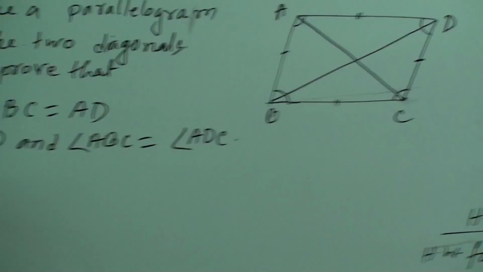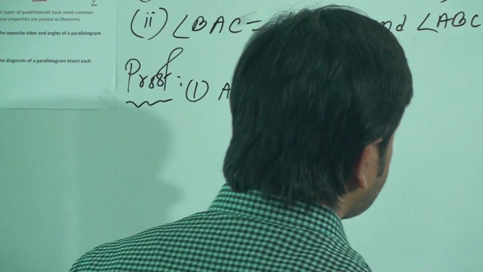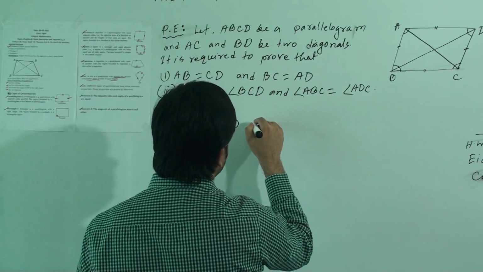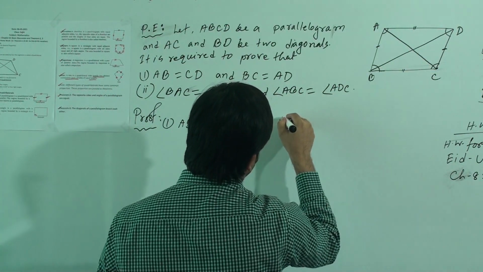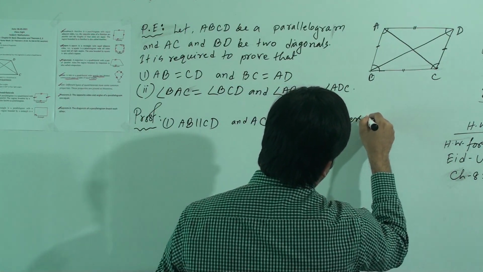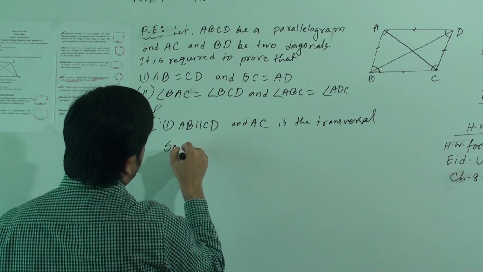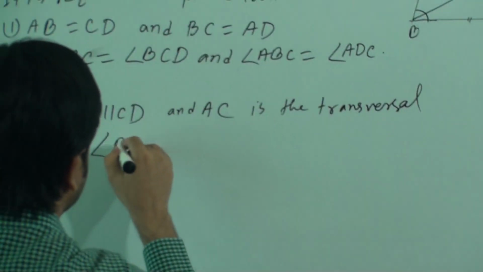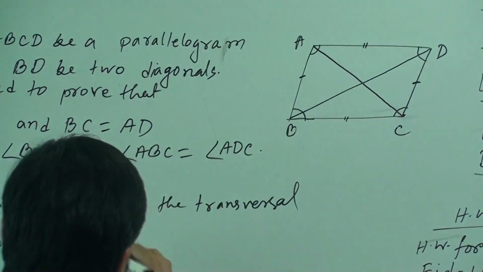AB parallel CD. AC is the transversal. So we can write angle BAC is equal to angle ACD.